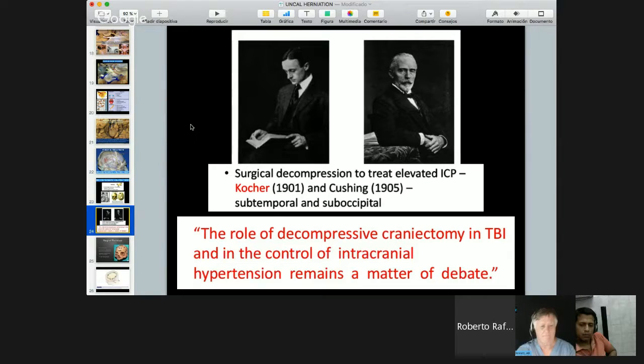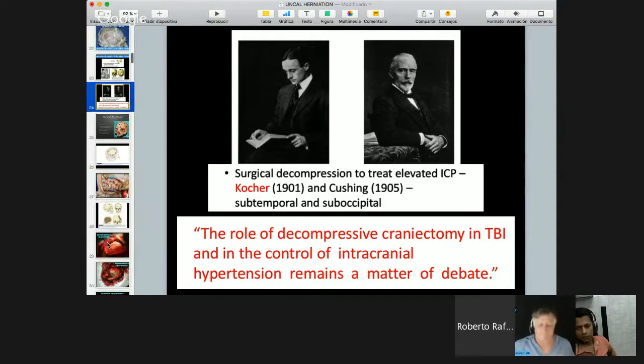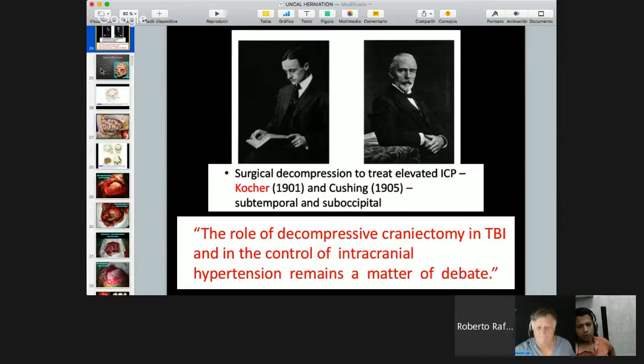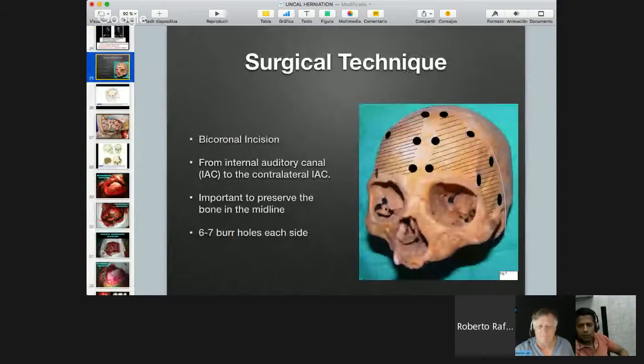But nowadays, the role of the decompressive craniectomy in trauma, brain injury, and in the control of intracranial hypertension remains a matter of debate. It's not clear, and there are some questions regarding the decompressive craniectomy. How do we make this? There are different surgical techniques.